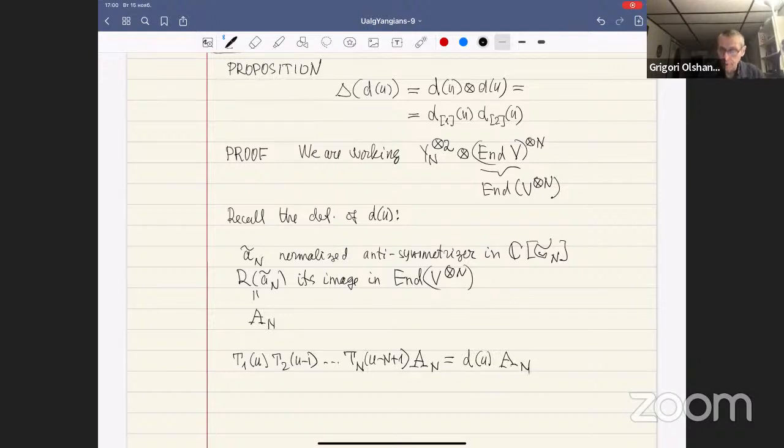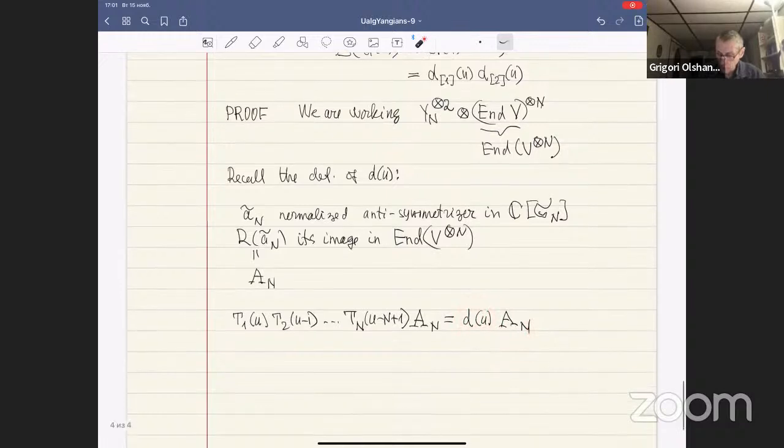And I recall that this symbol denotes some one-dimensional projection operator in this space. So we get this one-dimensional projection operator times some element of a Yangian, which is not exactly the element, but a generating series which is central, and this is our quantum determinant.